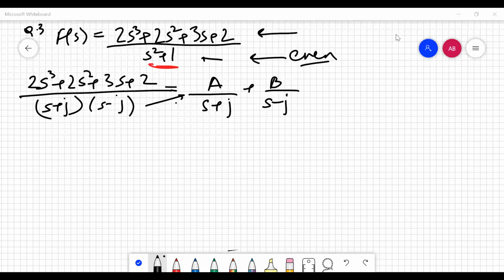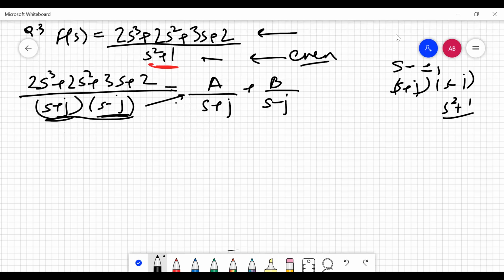Now I have written it in my partial fractions form. You need to write it as s plus j into s minus j only. As I just discussed, that is how this plus minus j has come. Because that was coming out to be plus minus j, s plus j and s minus j are the two factors of your s square plus 1. Now I need to calculate the values of a and b.